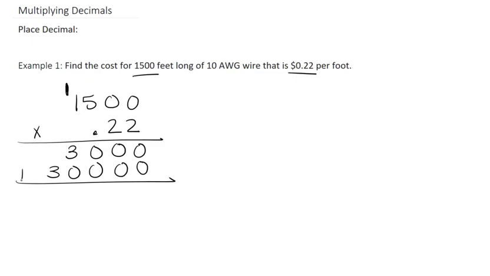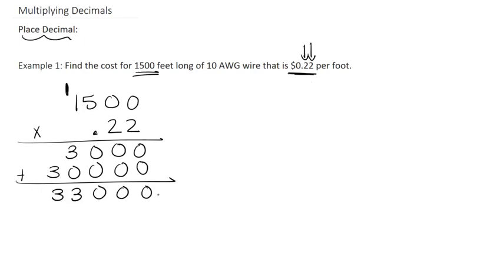So now we can go ahead and add. So we have 0 plus 0 is 0, 0, 0. Now we have 3 plus 0 is 3. And then we have the 3 we just bring down. Now, for placing the decimal, we count the number of decimal places that we have. We don't have one in the first number, but in the second one, we have 1, 2.